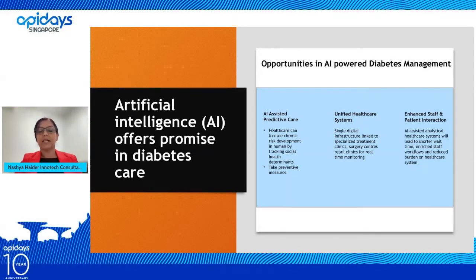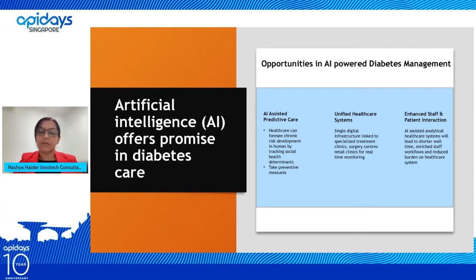For example, if I, as an individual, want to predict the risk of whether I will develop diabetes, these sensor devices or AI assisted predictive algorithms will be able to track social health determinants via biometric data in order to tell me whether I am pre-diabetic or not. And thereby, I'd be able to take preventative measures and empower myself for my own well-being.